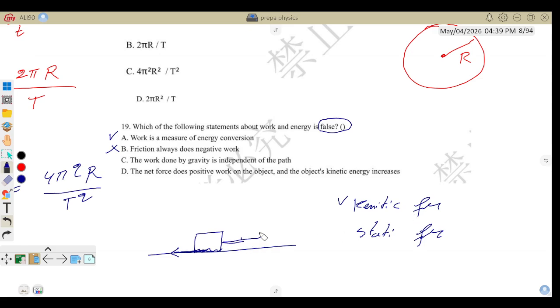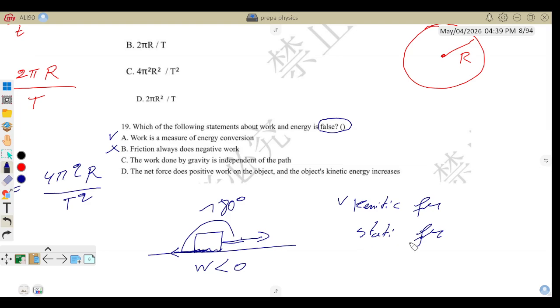So the relative motion is toward the right, for instance. The friction is toward the left, so the angle between the two would be 180 degrees. The work would be negative in this case.